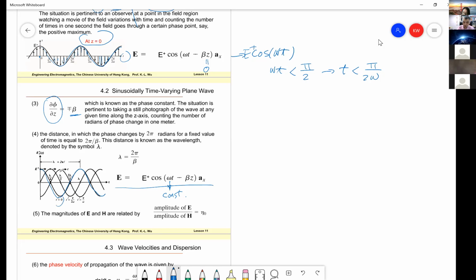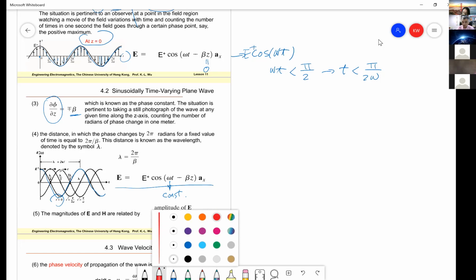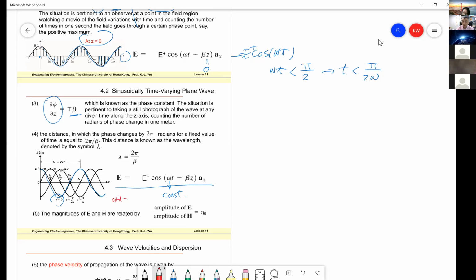If we take the next snapshot, when omega t equals pi over 2, this is this curve.